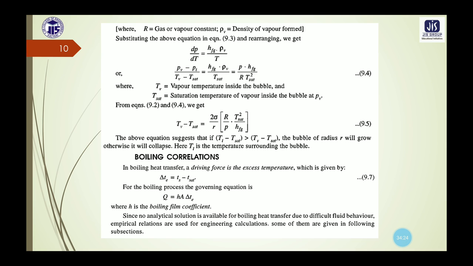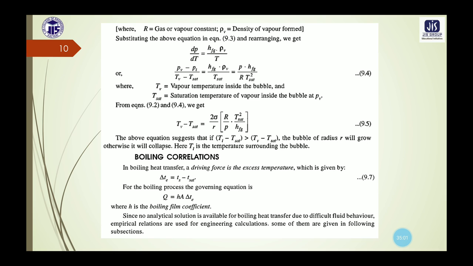This equation suggests that if TL minus T saturated is greater than TV minus T saturated, then the bubble of radius r will grow, and otherwise it collapses. Here TL is the temperature surrounding the bubble. So this is the derivation of the bubble growth and collapse formulation.